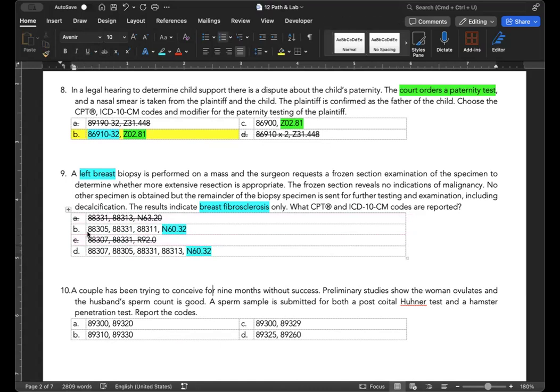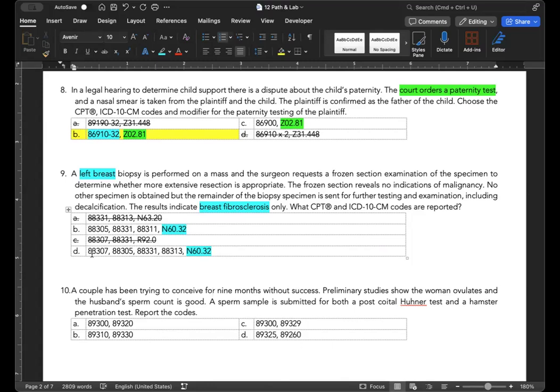Okay. So 88305 is in both. Nope, I was getting ready to do it again on that one too. You have 88311 and 88331 in B and D. So what I would do though is you have 88307.